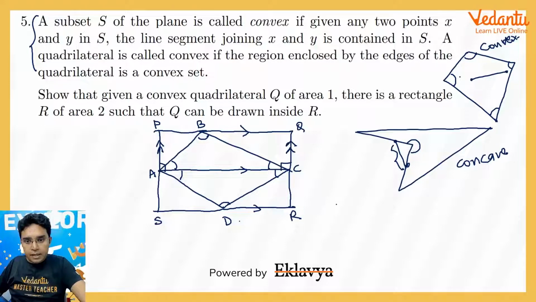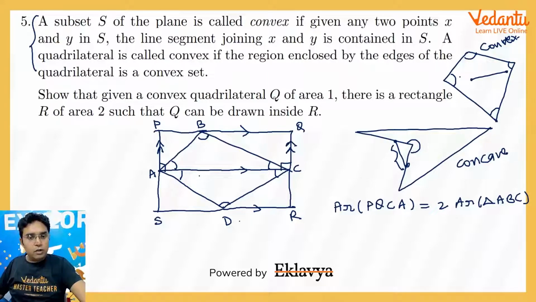It can be seen that the area of PQCA is 2 times the area of triangle ABC. It is a direct conclusion from the fact that the base is the same and the height is also the same, but because one of them is a rectangle and one is a triangle, because of the factor of half, this PQCA will be 2 times.